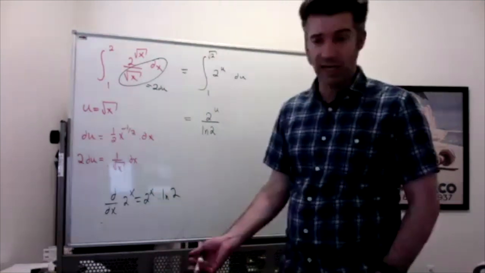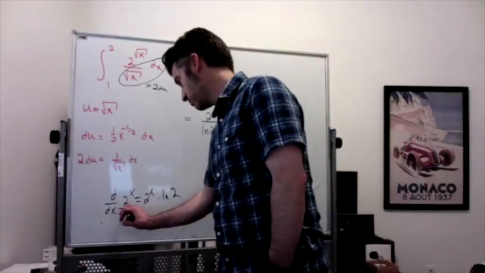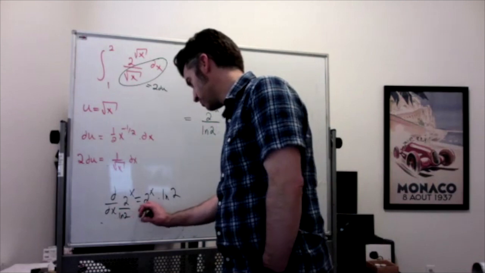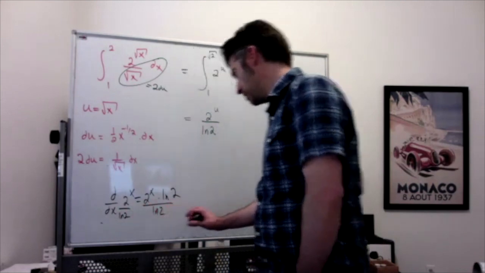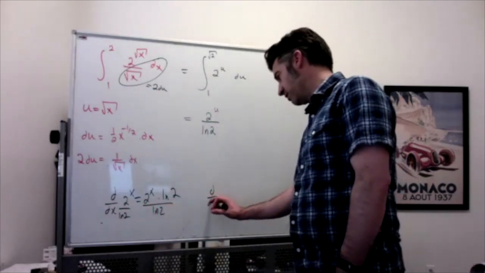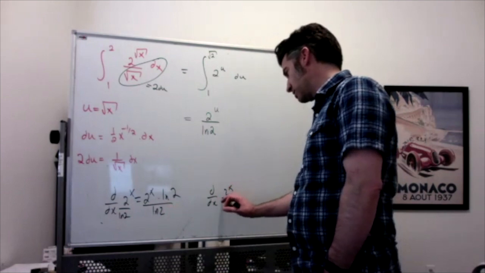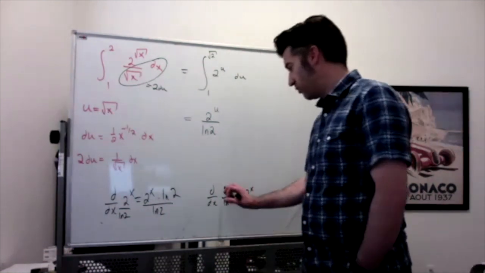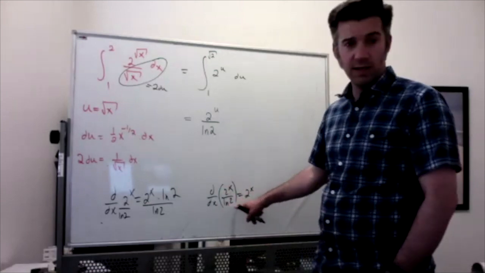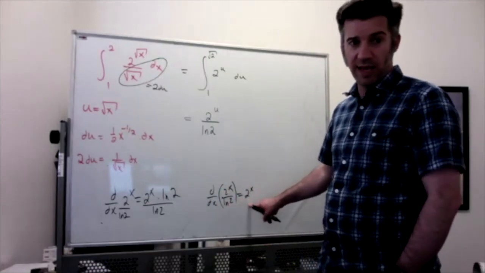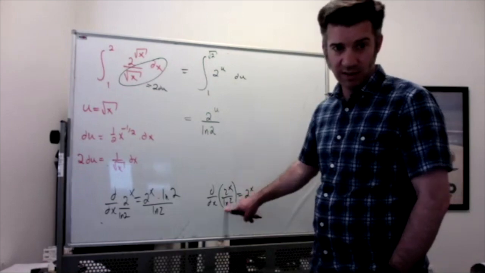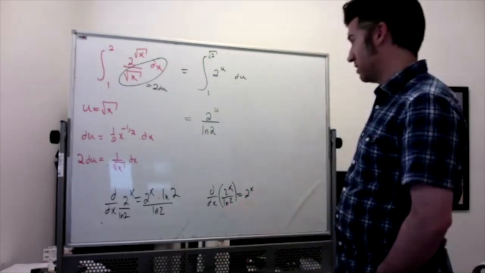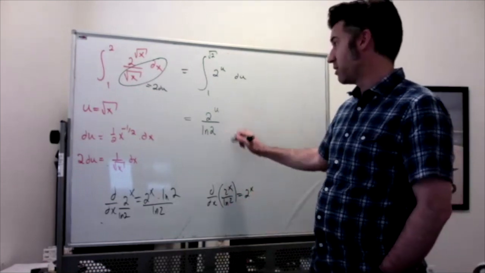So if you divide both sides by the natural log of 2, then the derivative of 2 to the x divided by the natural log of 2 is equal to 2 to the x. And if the derivative of something is equal to something else, then the antiderivative of that something else is that something. So that's where the antiderivative is coming from.